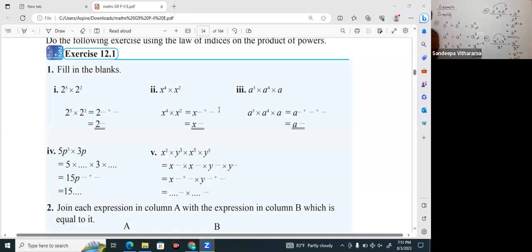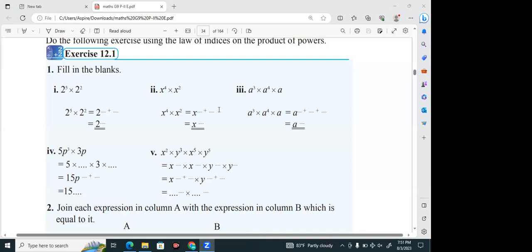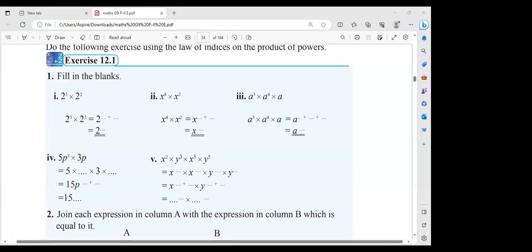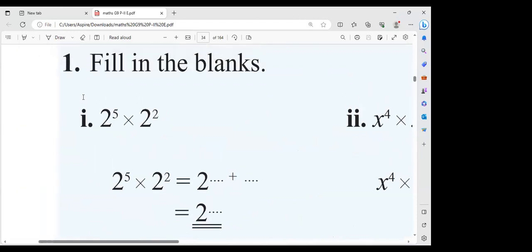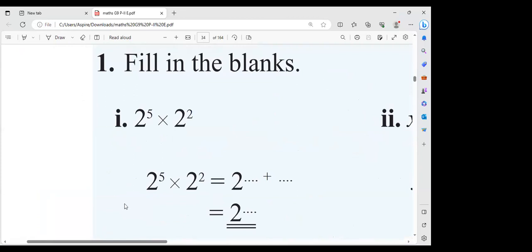It is based on the multiplication of powers with same bases. Here, look at the first question.